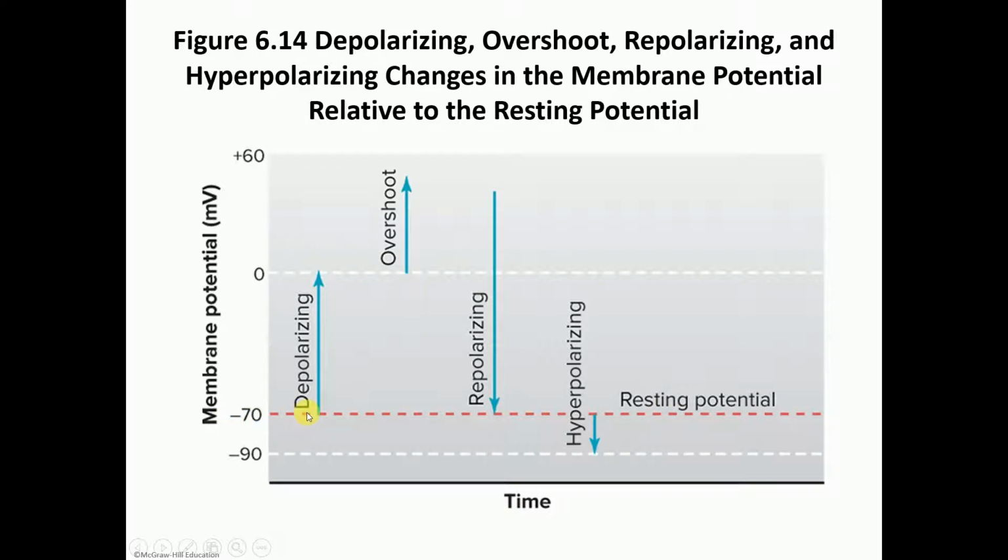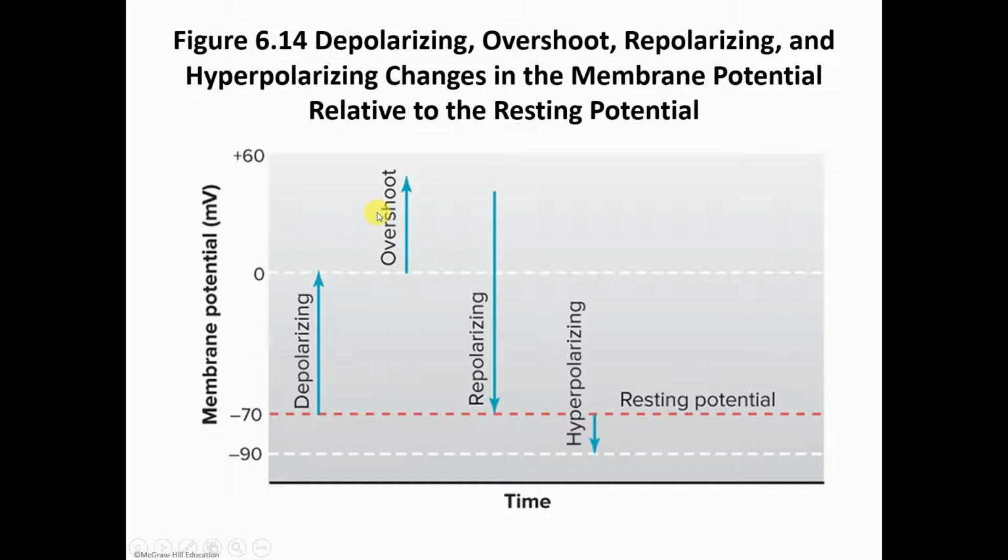If the potential changes in the positive direction, meaning that it goes closer to zero, that is known as depolarization. If we overshoot above that zero level, so now we're in the positive territory, so positive 10, 20, positive 30, and so on, that is known as an overshoot.